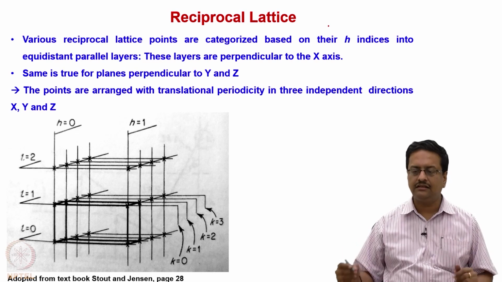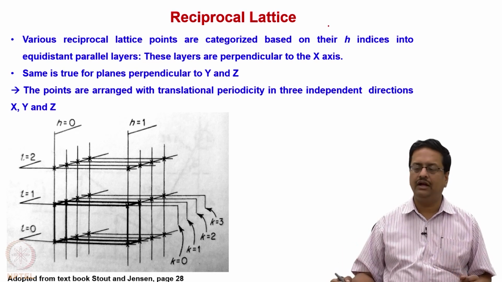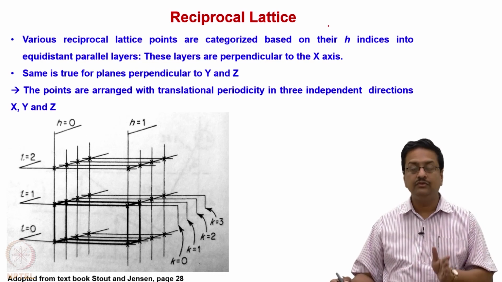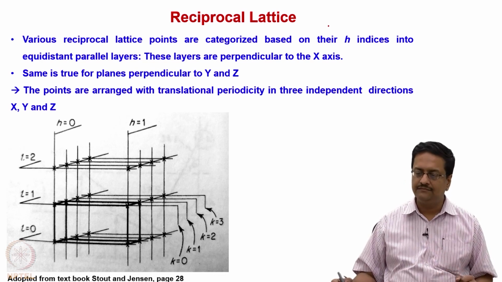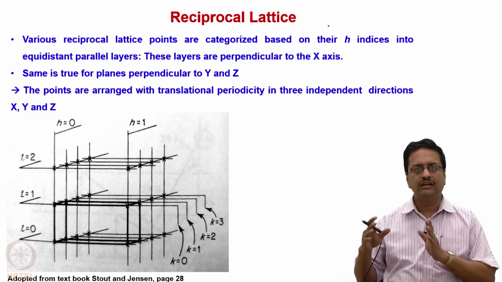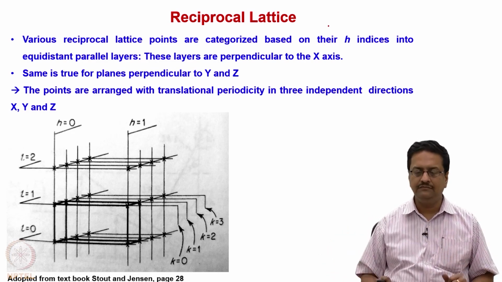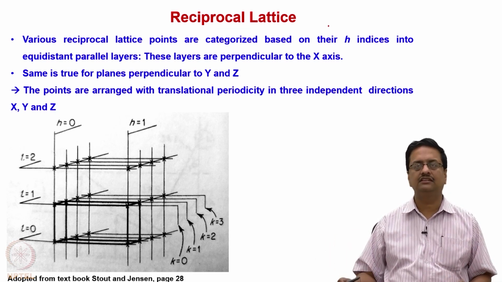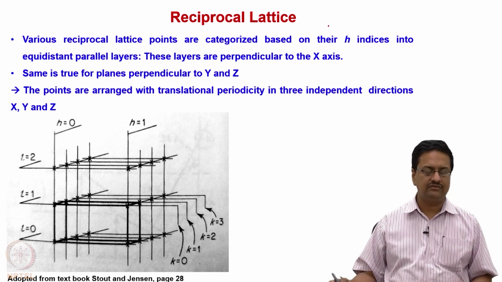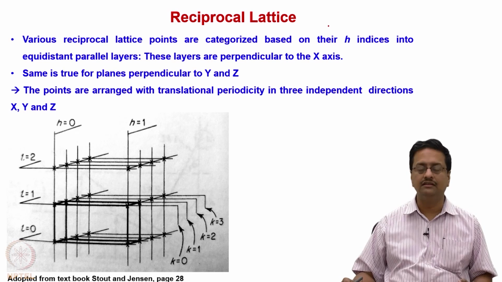So various reciprocal lattice points are categorized based on their H indices into equidistant parallel layers, and these layers are perpendicular to the x-axis. We expand it along y and z, and then the points are arranged with a translational periodicity in three independent directions x, y and z as shown here.